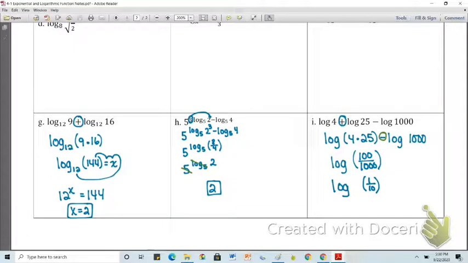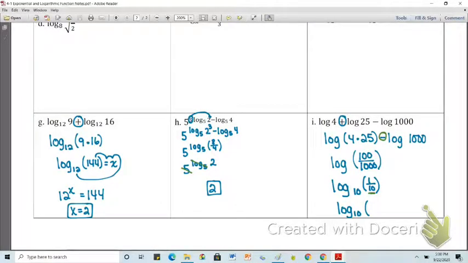Notice this one doesn't have a base. Since it doesn't have a base, it is understood to be 10. So that's going to work out in our favor. So now I have log base 10. How can I rewrite this number as a base of 10?